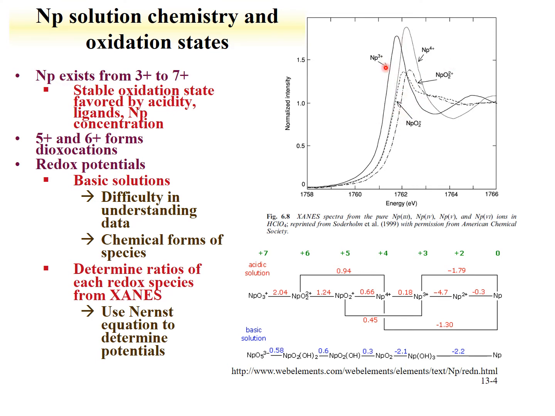We see the Neptunium-3 absorbs early, and the 4, the 5 and the 6 have a behavior that's indicative of the yl oxygen. This information can be used to determine the ratio of different oxidation states in the solutions examined, and by using the Nernst equation, the redox potentials can be determined.